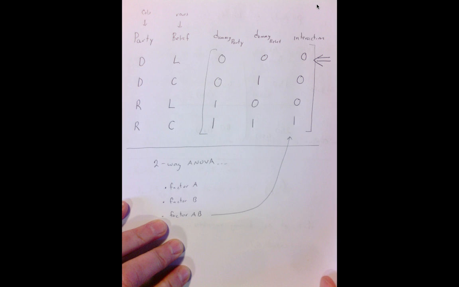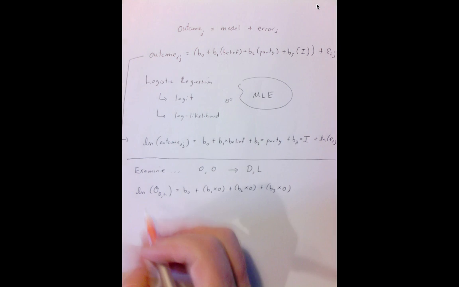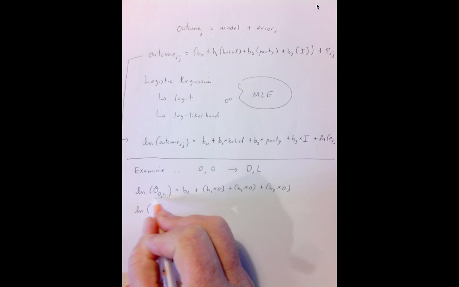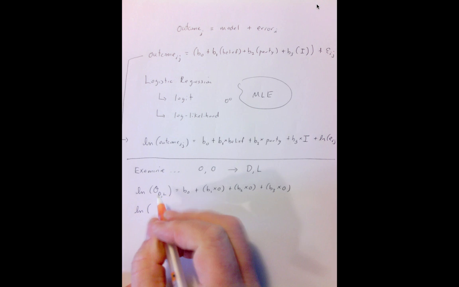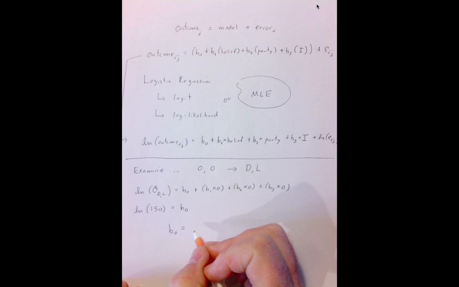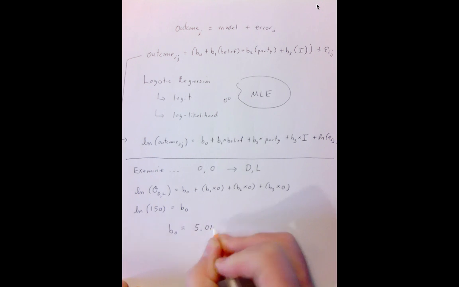So I put those in as B1, B2, and B3. But clearly what I get here is the natural log of the observed value for the Democrats and pro-life, which was 150, equals beta 0. So from this we can see that beta 0 is the natural log of 150, which is 5.0106, or at least that's what my calculator shows.